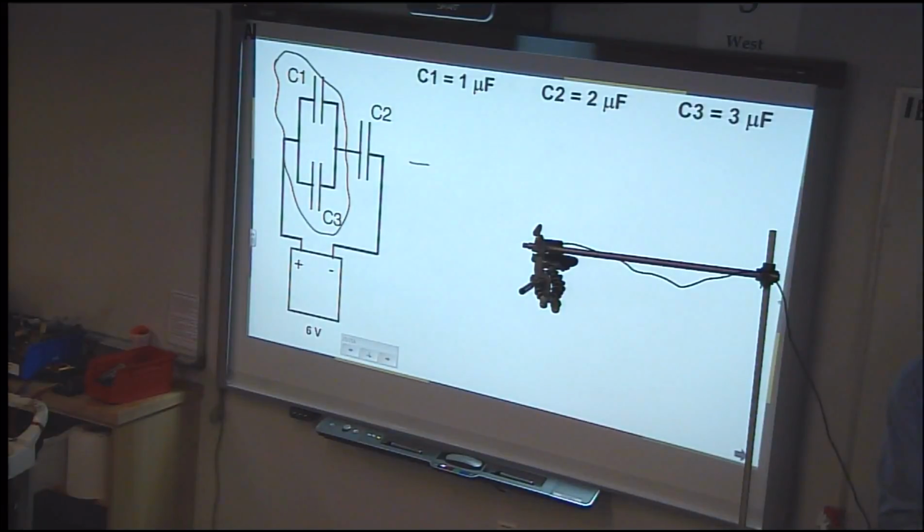Which means we can make a transition. We can replace these two with one, but that one must have the capacitance equivalent to these two. So every transition should lead to a new schematic. Don't have to draw a battery every time, but still.